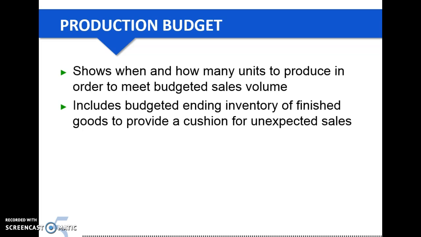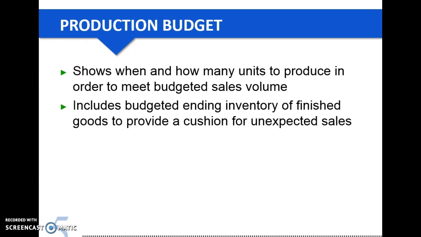Therefore, this additional amount that a company produces remains as an ending inventory every period, which means that a company will not produce exactly how much it wants to sell, but it will produce the budgeted sales plus how much it needs to keep as ending inventory.